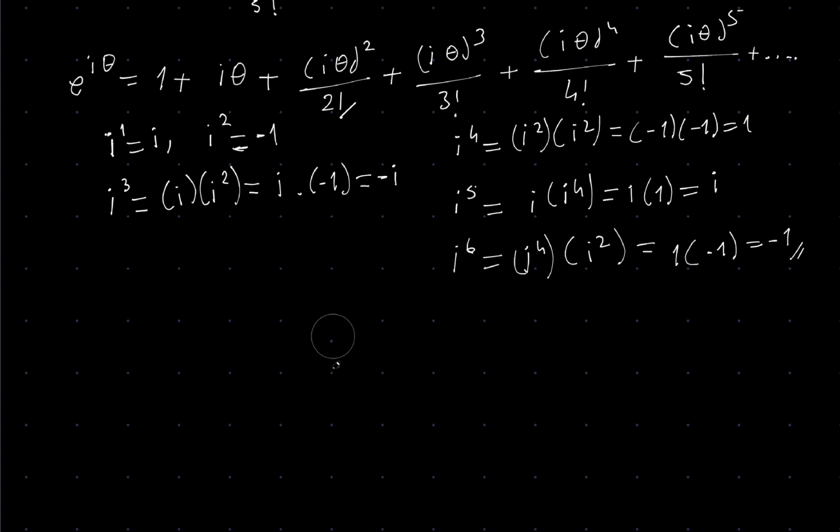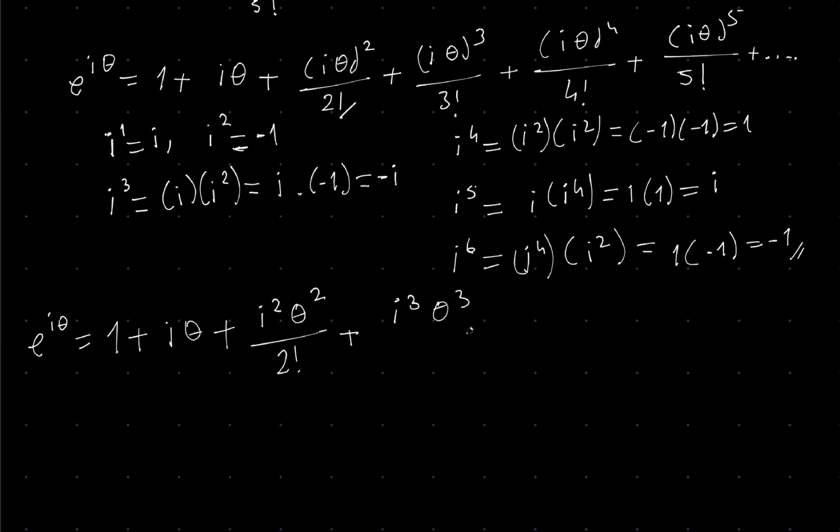Let's continue with the I terms and write this in the summation. So e to the I times theta is equal to 1, and the I times theta term is the same, but we have I to the power of 2 and theta to the power of 2 as well. I'm going to write this fast.